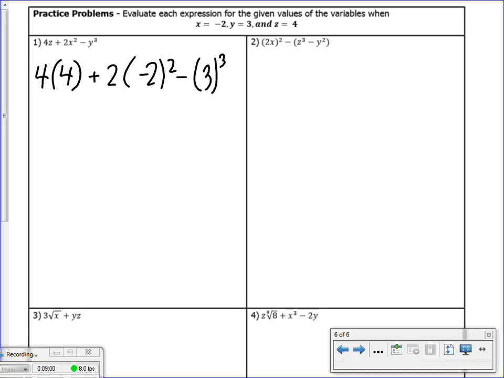4 times 4 is 16, plus 2 times negative 2 squared is really negative 2 times negative 2, which is positive 4, minus, and 3 cubed is 27.